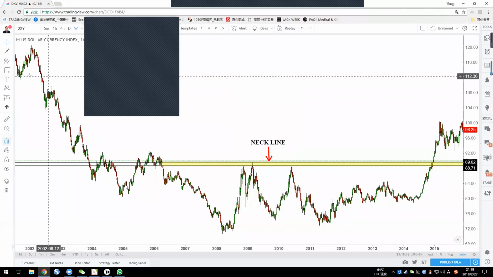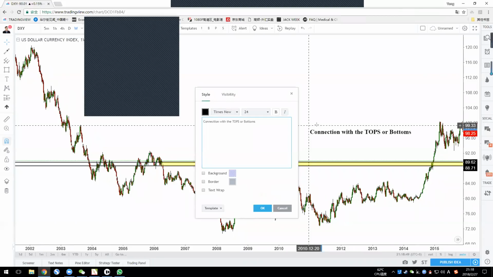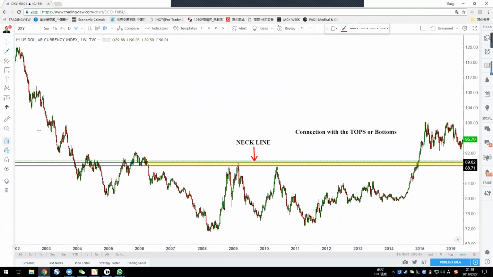So a neckline is a connection between the tops or the bottoms. Here is more tips: what makes a top? A top looks like this.